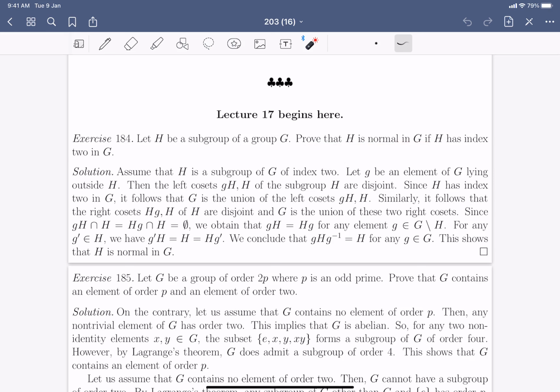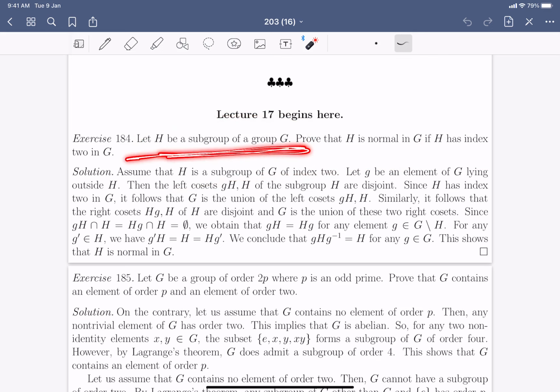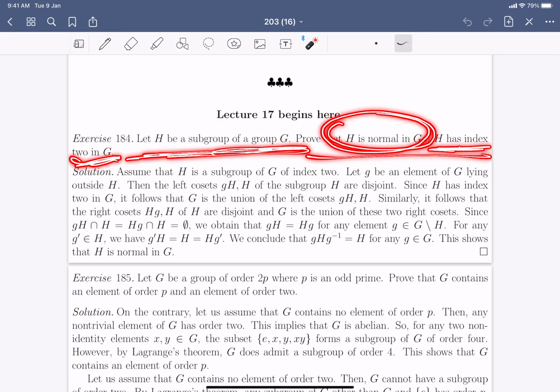It says that if you start with a subgroup H of a group G, and we assume that it has index 2 in G, then it follows that this subgroup is normal.